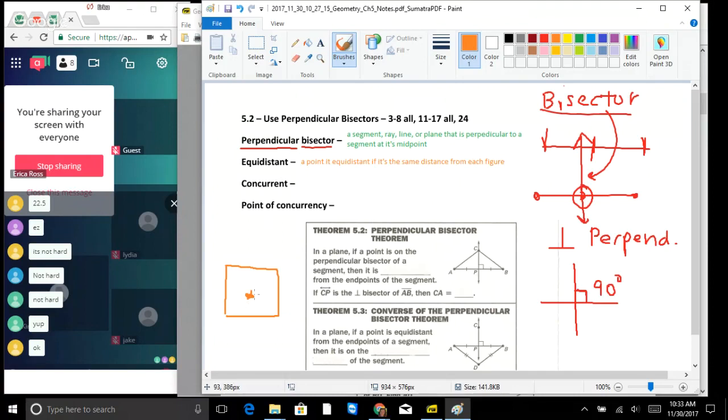Equidistant from here, equidistant from here. It's not a perfect example, right? So it's equidistant between this line and this line. It's equidistant between this line and this line. If I have a triangle and I pick a point here, then it is equidistant from any point on my triangle that I draw out from that point in the center. It's equidistant.